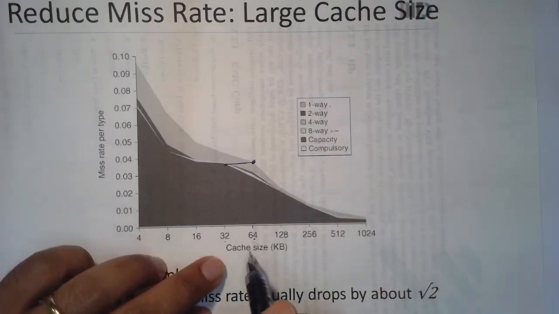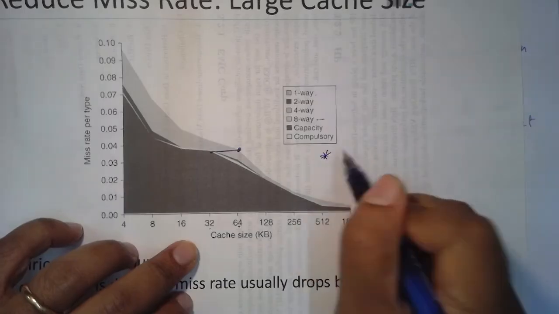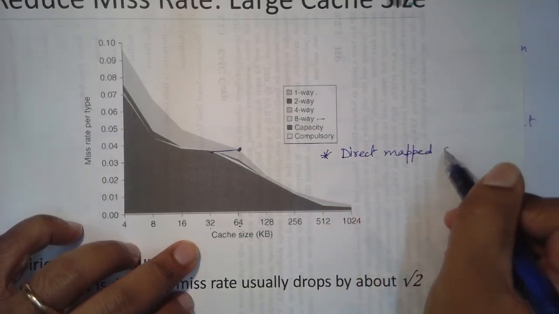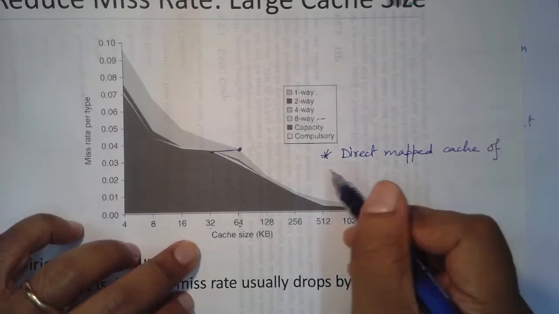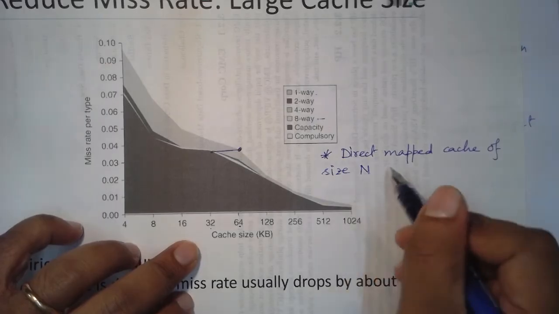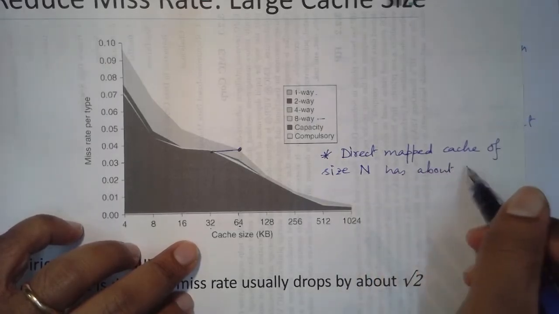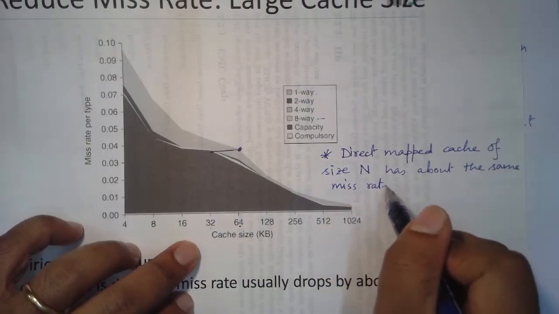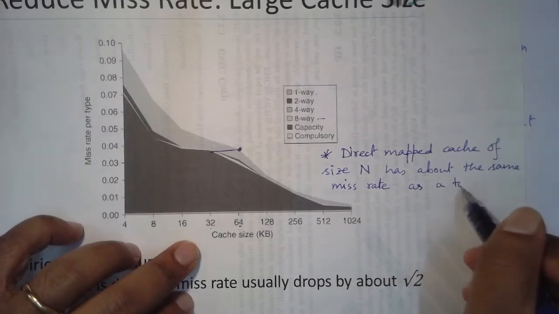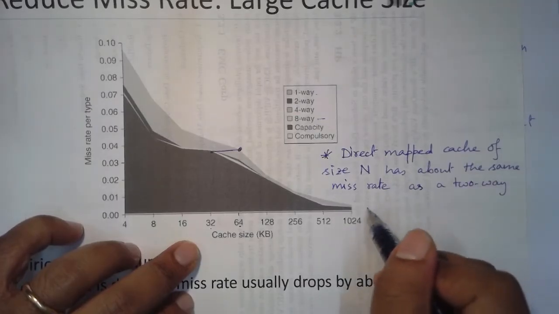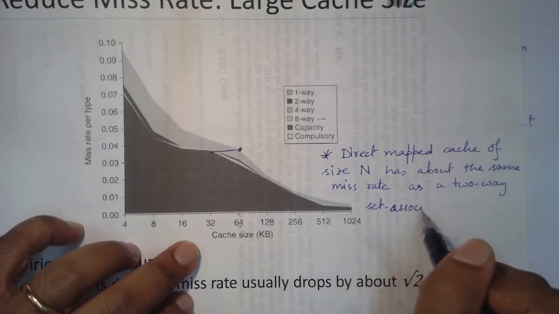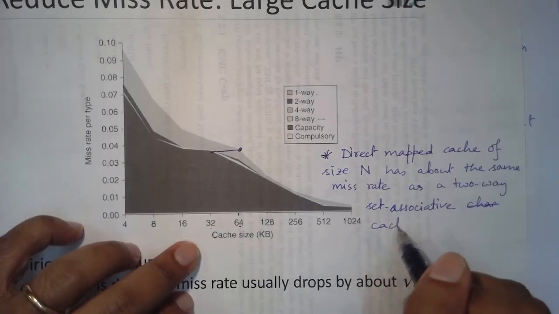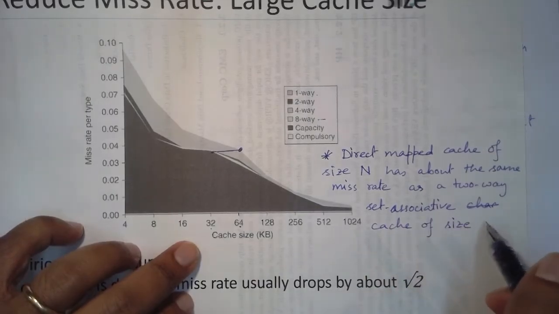So, the thumb rule says, I will just write it down: a direct map cache of size n has about the same miss rate as a two-way set associative cache of size n by 2.